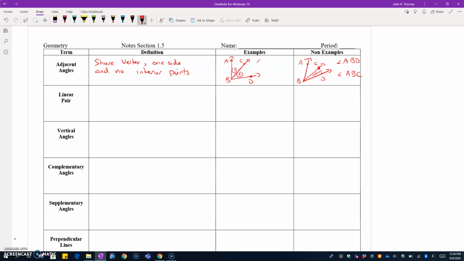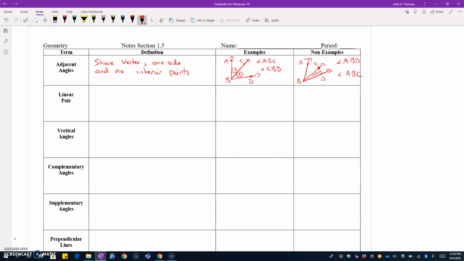Whereas in my example, angle ABC and angle CBD are adjacent angles. So adjacent angles share a vertex and one side and no interior points.